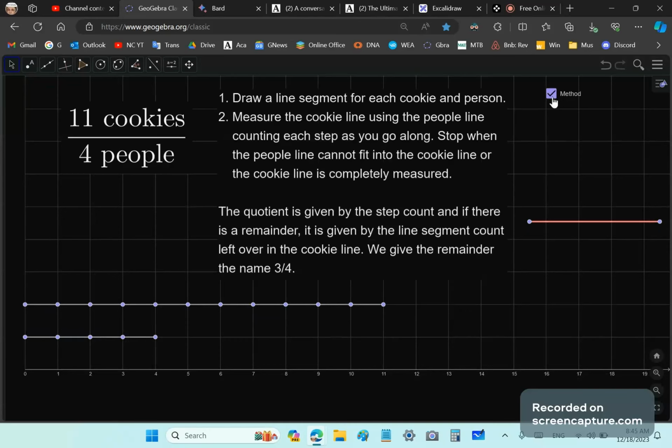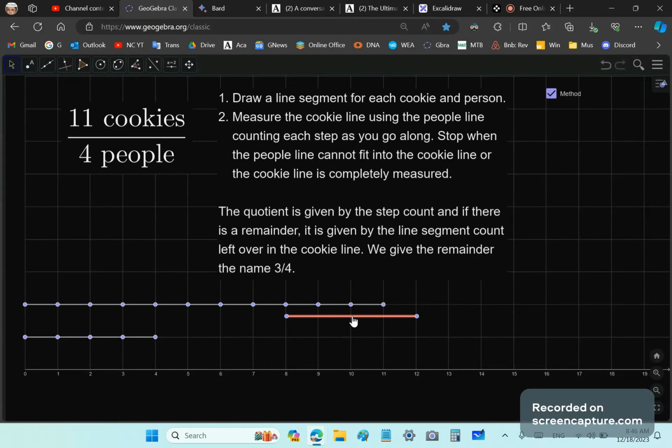Let's look at the method. The method says draw a line, which we've done, for each cookie and person. This is the concatenated line of the cookies and the one for the people. And then it says measure the cookie line with the people line. So we'll go 1, 2, and we see it doesn't fit anymore.